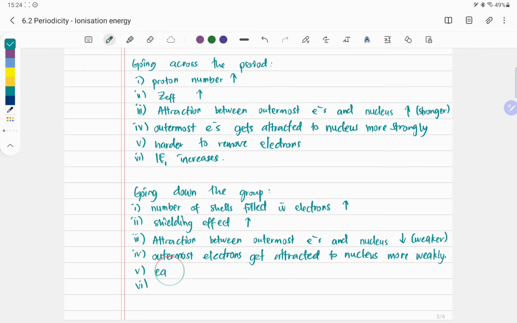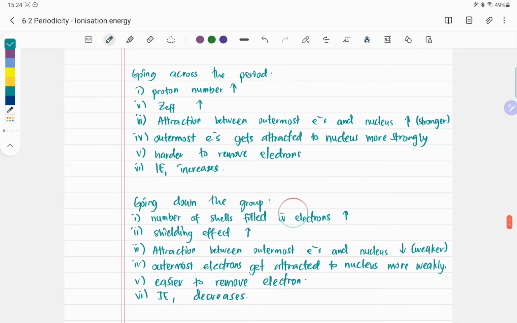Okay, easier to remove electron. And because it is easy to remove the electron, first IE decreases. Okay, alright, so this is the explanation for the trend going down the group and going across the period.